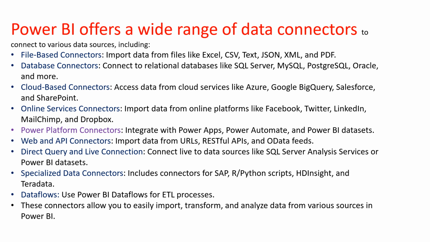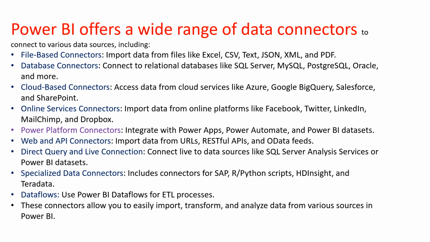Power Platform connectors help to integrate with Power Apps, Power Automate and Power BI datasets. Web and API connectors import data from URLs, RESTful APIs and OData feeds. Direct Query and live connection help to connect live to data sources like SQL Server Analysis Services or Power BI datasets. Then specialized data connectors include connectors for SAP, R or Python scripts, HDInsight and Teradata.